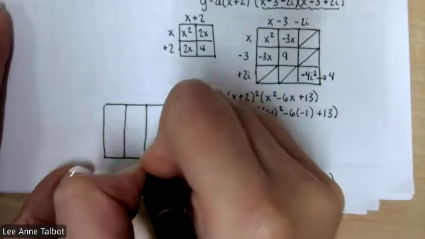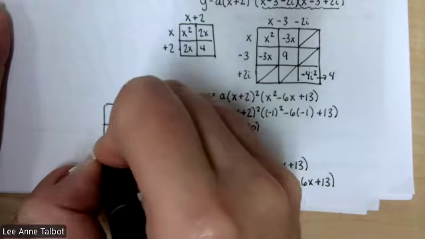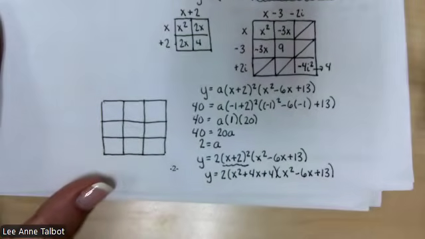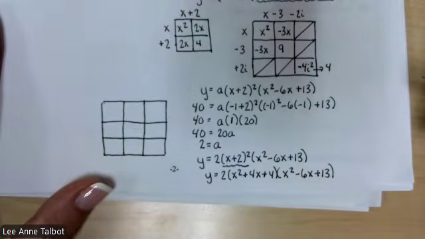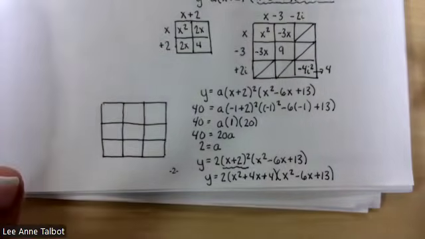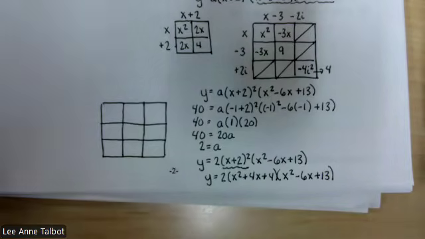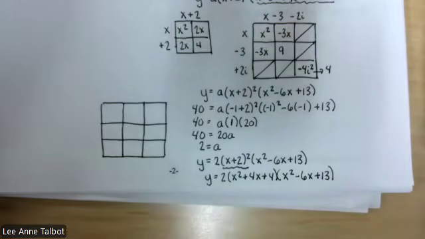Now, I need to tell you guys something because this is one of those cases where we're over preparing you for a quiz. I don't know if you guys noticed, but it said given a graph. I can't give you roots or eyes on a graph. They're going to be whole numbers.